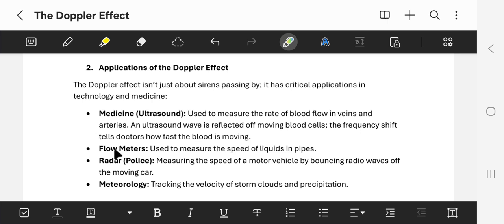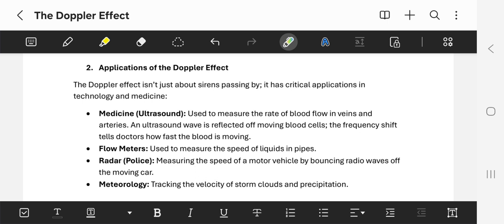Okay, then it will work in terms of flow meters. Here it will be used to measure the speed of liquids in pipes. It will also work as a radar in terms of policing. Here it will be used to measure the speed of a motor vehicle by bouncing radio waves off the moving car.